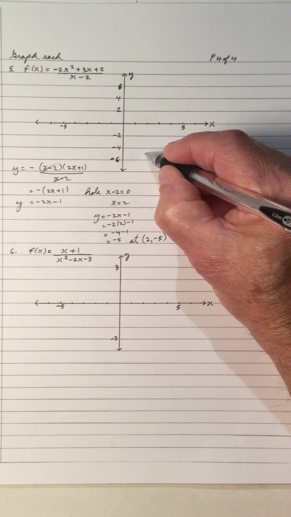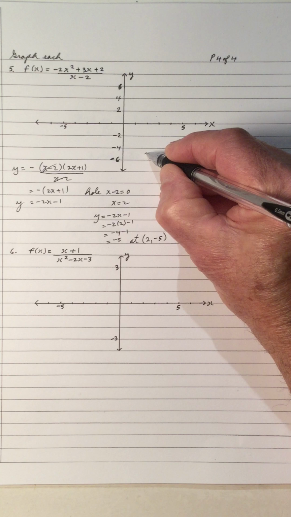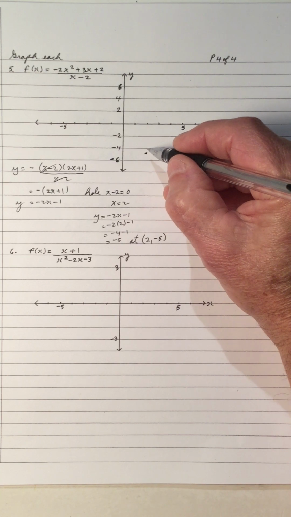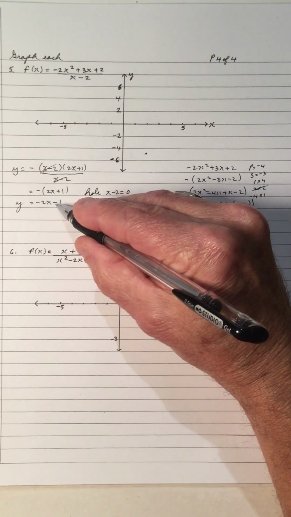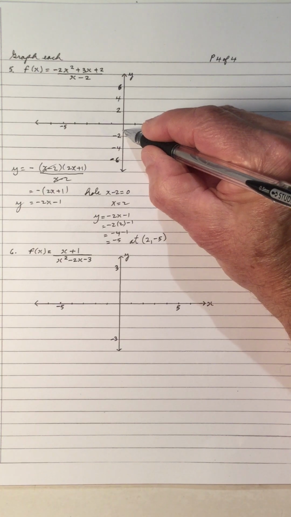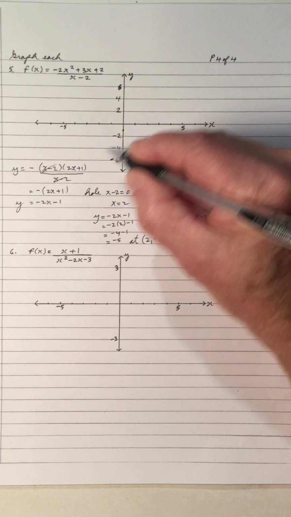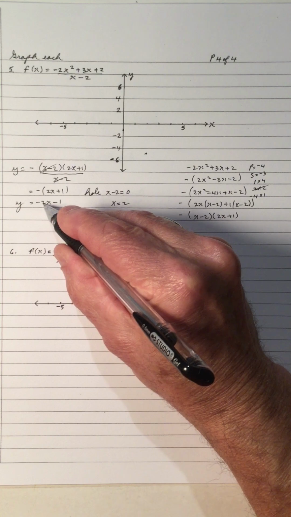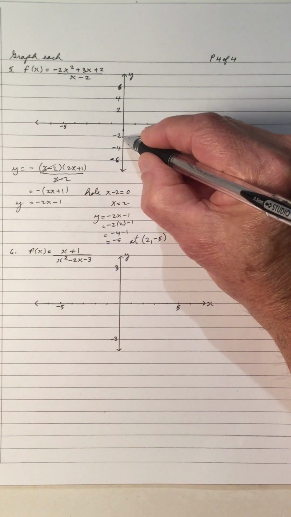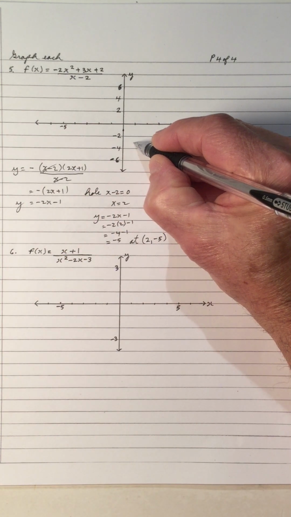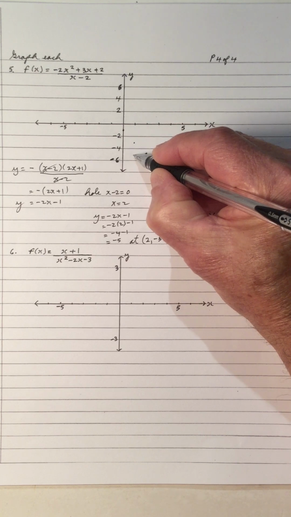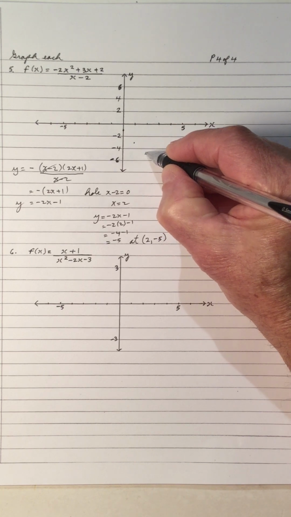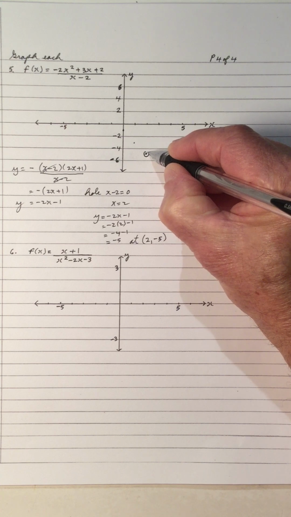So when x is 2, y is negative 5. So let's go right here. There's a hole right here at this point. But the line has a y-intercept of negative 1, and the slope is negative 2 over 1, so we go down 2, right 1, down 2, right 1. So there's the hole right there.